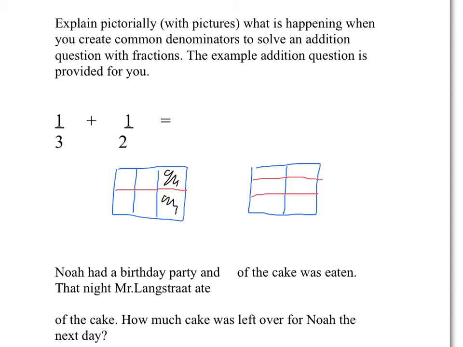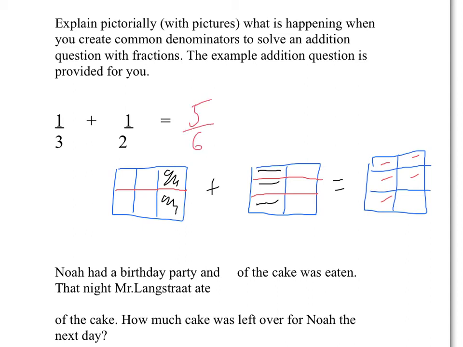And on this side, I had 1/2, which would be these ones. Okay, and how many altogether out of 6 total? Out of 6 total, I would have had 1, 2, 3, 4, 5. So the answer would have been 5/6.